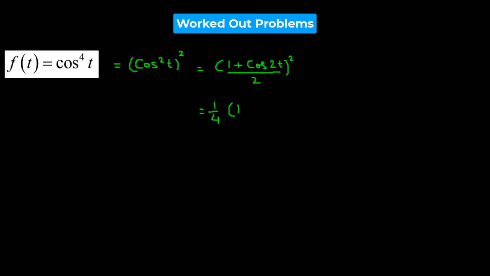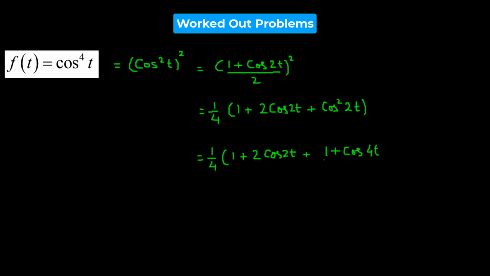So that will be 1 plus 2 times cosine of 2t plus cosine squared of 2t, which will be equal to 1 over 4 multiplied by 1 plus 2 times cosine of 2t plus, now cosine squared of 2t can be rewritten as 1 plus cosine of 2 times 2t, so that will be 4t, divided by 2.